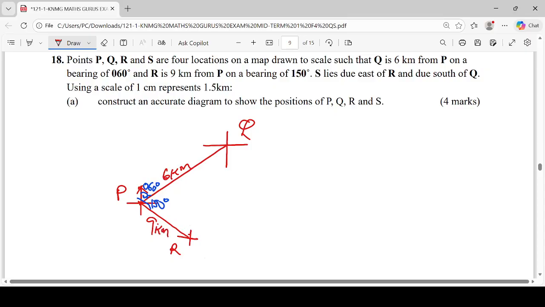Then they are saying S lies due east of R. From R you go to the right hand side, that is the eastern side, and due south of Q. From Q, south of Q is that way. So this point here, this is our S. I've done my construction that way. As simple as that. I have all my 4 points.